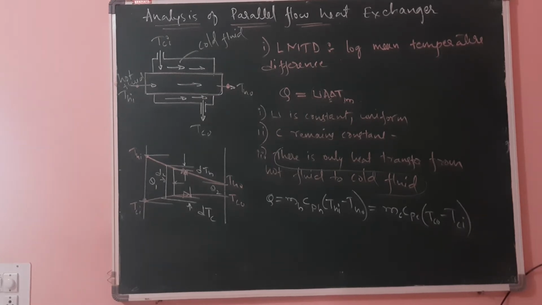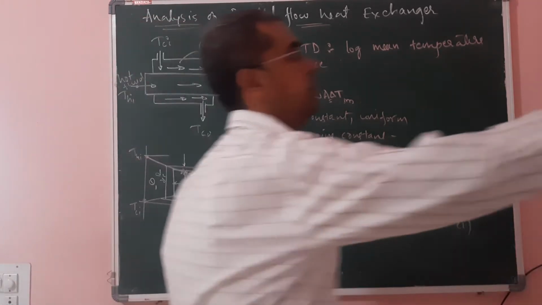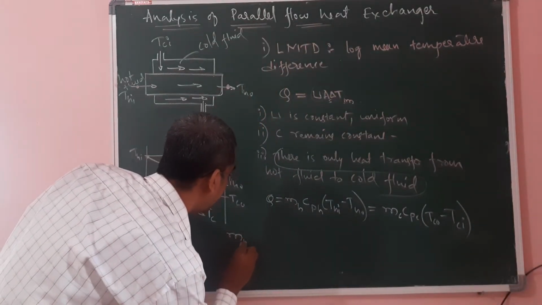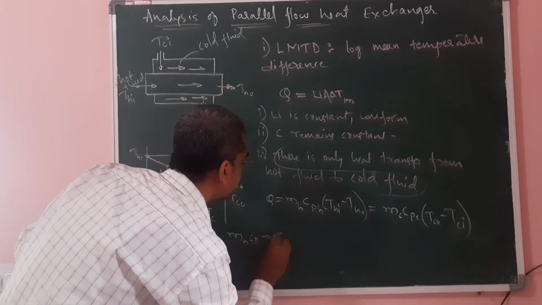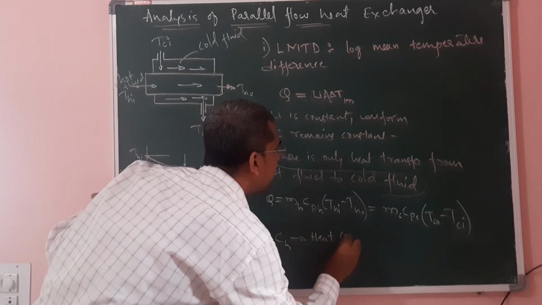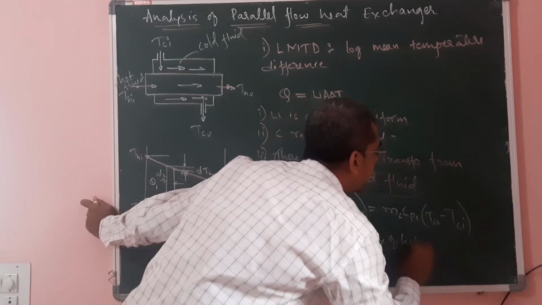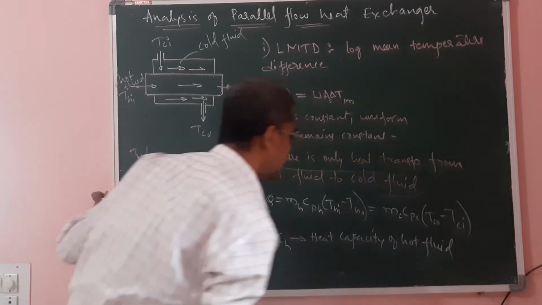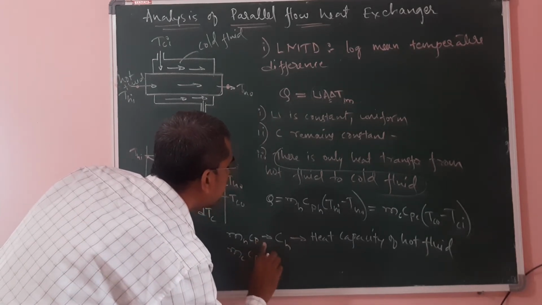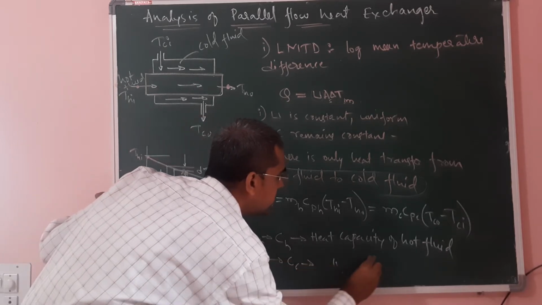Here we will write the product mH into Cph as Ch. It is called the heat capacity of hot fluid. In the similar way, mass flow rate of cold fluid into specific heat of cold fluid, Cpc, let it be Cc, that is the heat capacity of cold fluid.